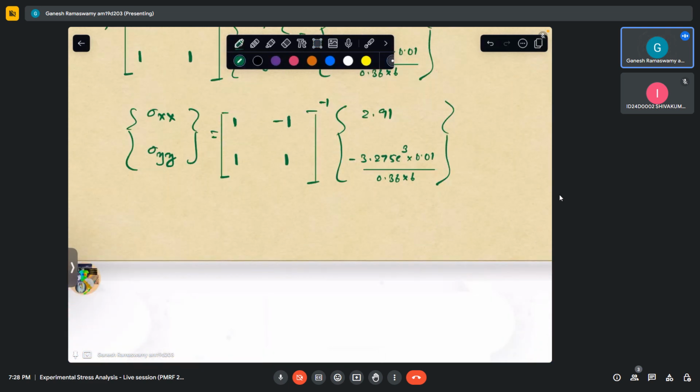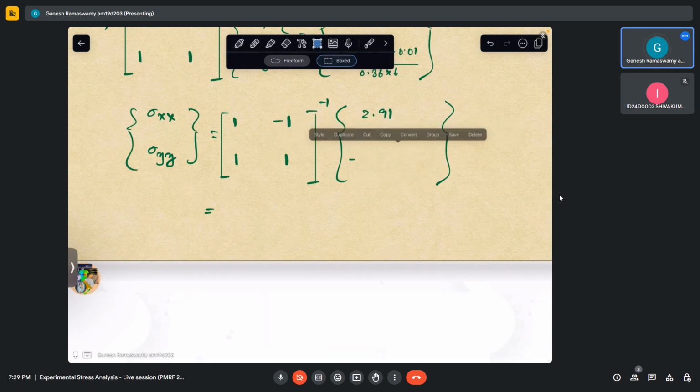So let me see what that comes out to be. 6, 1, 5, 1, minus 1, 1, 6, 2.91, and this is minus 3.275 E3. In fact, let me replace this with the actual value.